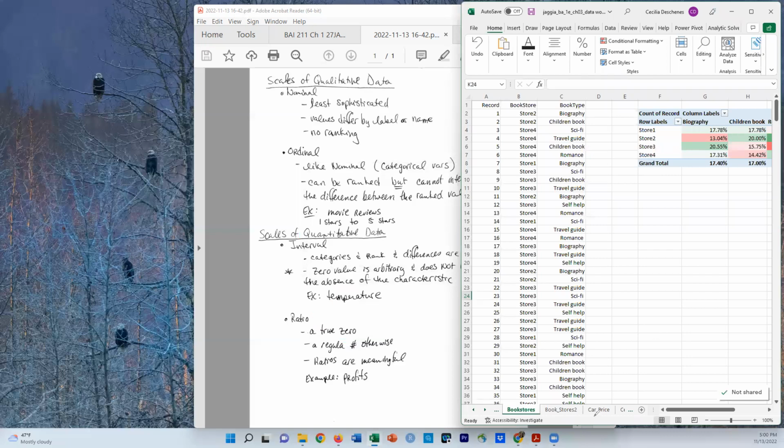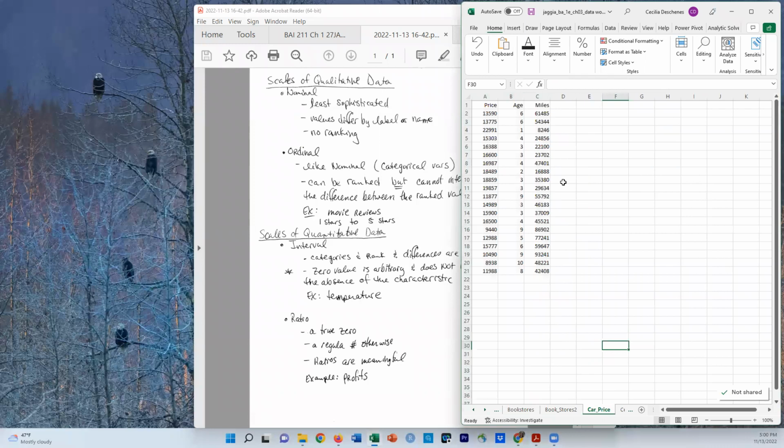So let's go to car prices here. So here's some data on the price of a car, the age of the cars, and the miles that the car has. Okay, assume that we wanted to find the quartiles on the price.